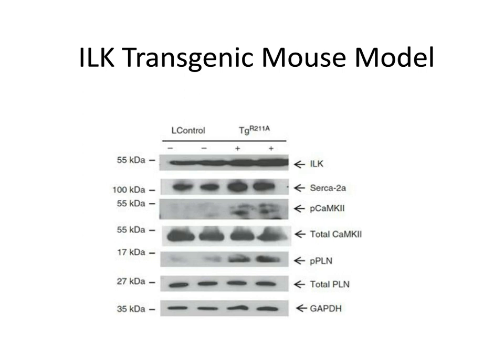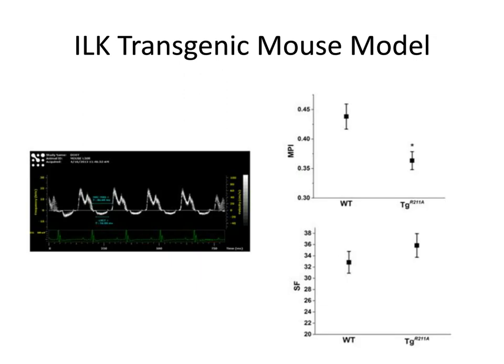So the exact same thing we saw in the iPS cardiomyocytes we see in the ILK transgenic mouse model, showing that the iPSCs would accurately give us a model of what we see in the whole organ. And these mice, when we give them doxorubicin then, had an improved cardiac contractility, or actually what I should say is less of a decrease in cardiac contractility.